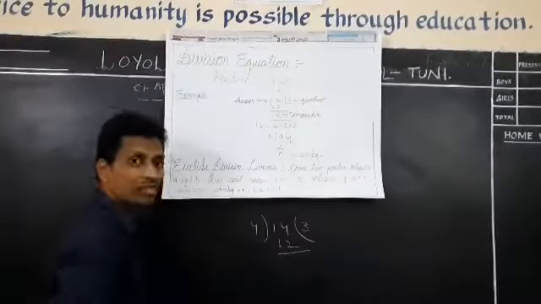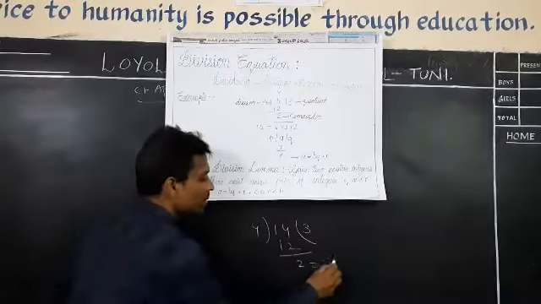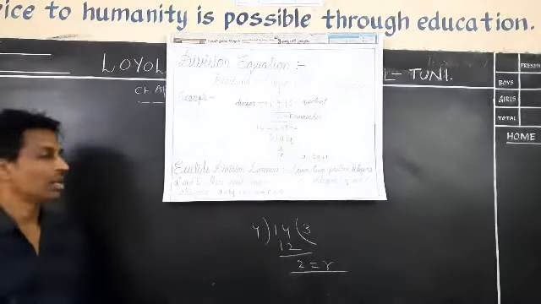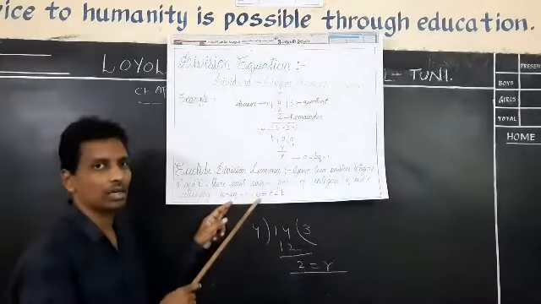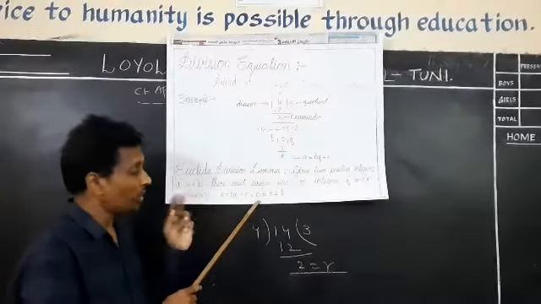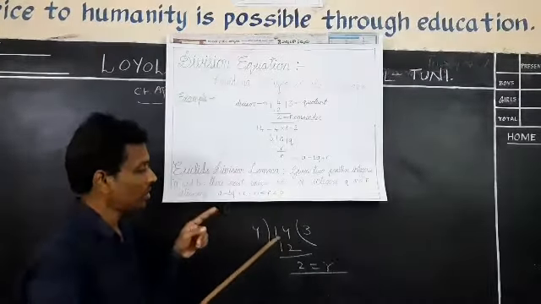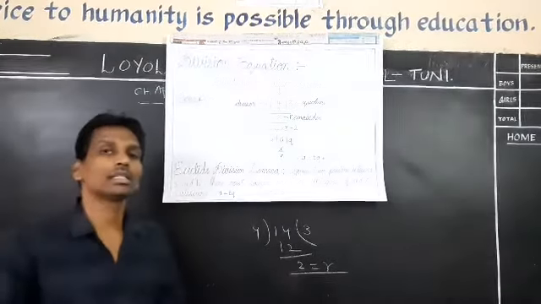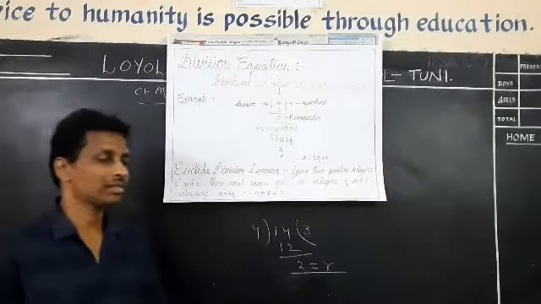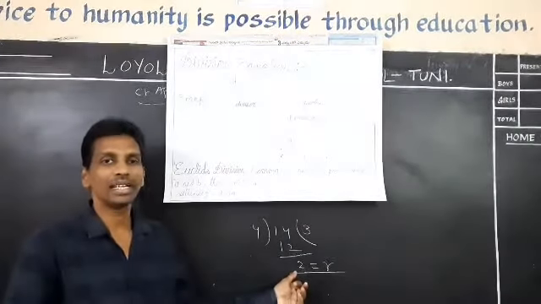When 12 is subtracted from 14, we get 2 as the remainder. Actually, we need to focus on this condition particularly. What is the reason? Here, can you say 4 divides 14 exactly? No, because 2 is the remainder.